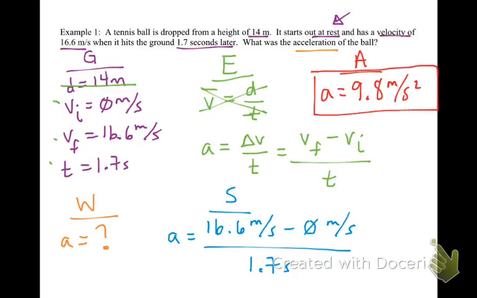This 9.8 meters per second squared, you'll see, is actually quite an important acceleration. You'll see it very briefly in a couple of slides, and you'll note that it actually is the acceleration due to gravity, which makes sense since this tennis ball is in free fall.